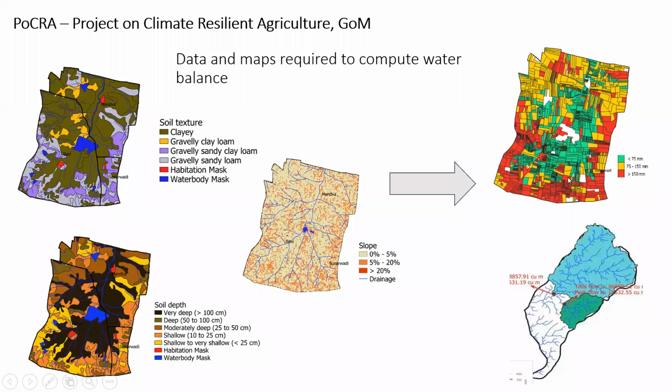Here we can see that this red part is the region which is more vulnerable and has suffered more deficit than other parts of the village. The yields here will be 3 to 4 quintal only, as we have seen with the A, B, C farmers. The C farmer was here, the B farmer here, and the A farmer here, so you can see green, yellow, and red. This changes the yields as well as the income.